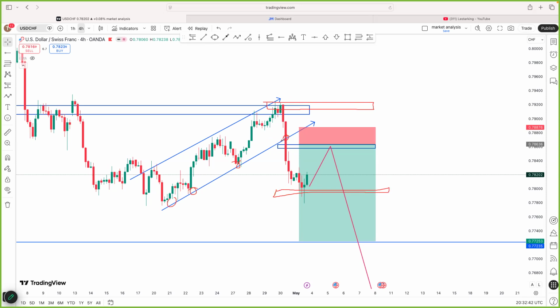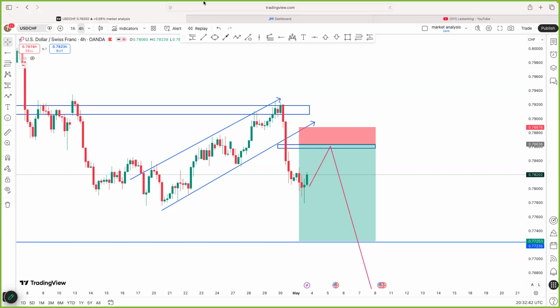This was our 50%, where we anticipated the market would turn back and continue in the downside direction. This was our analysis for last week on USD CHF.